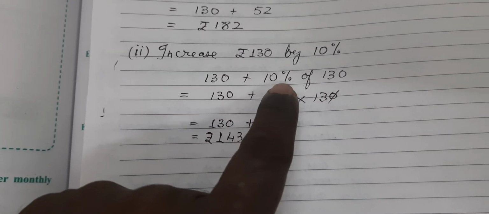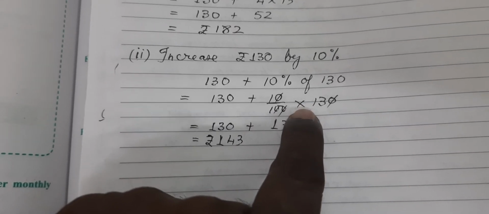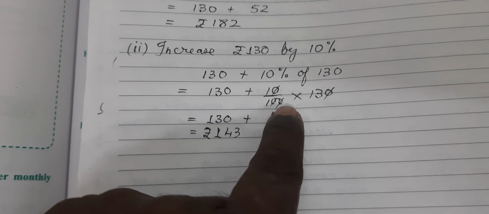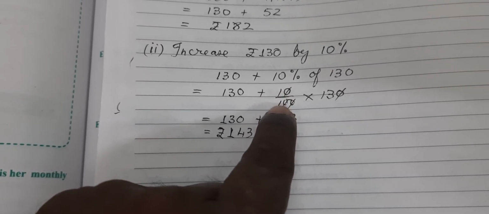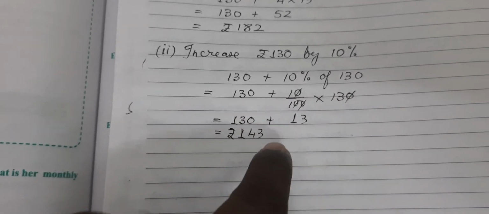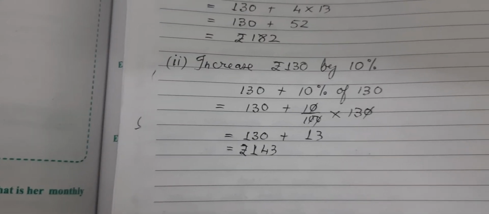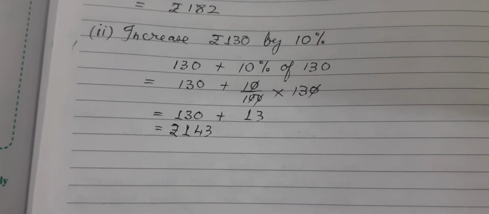To remove the percent we divide by 100, and of means into. So the zeros cancel: the 0 from 130 and the 0 from 100 cancel, and the 0 from 10 and the 0 from 100 cancel again. So only 13 is left in this part. 13 plus 130 is 143. That means when you increase rupees 130 by 10%, you get 143.